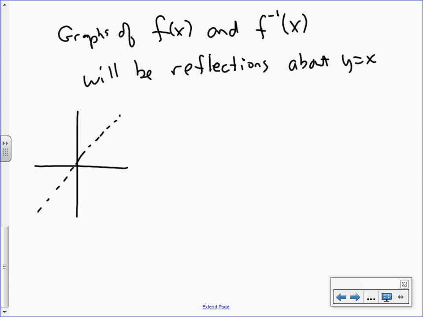So if I tell you that this is f of x, you should be able to visually get an idea of what the inverse of f of x looks like by reflecting it about that line. The idea would be to think of it as folded, leaving the impression on the other side. What it would look like is right straight across here, and then it would get closer and come back away.